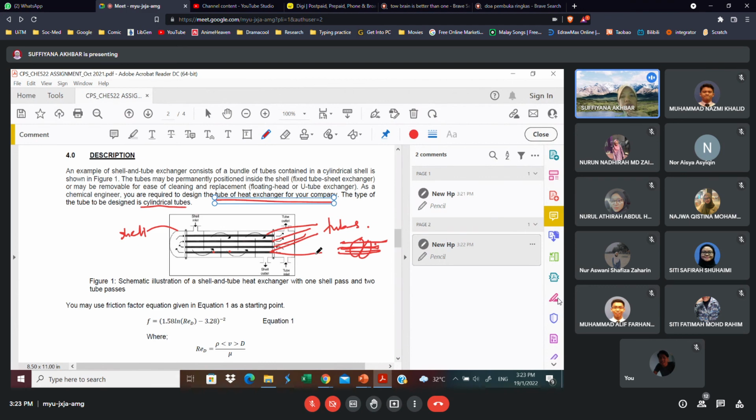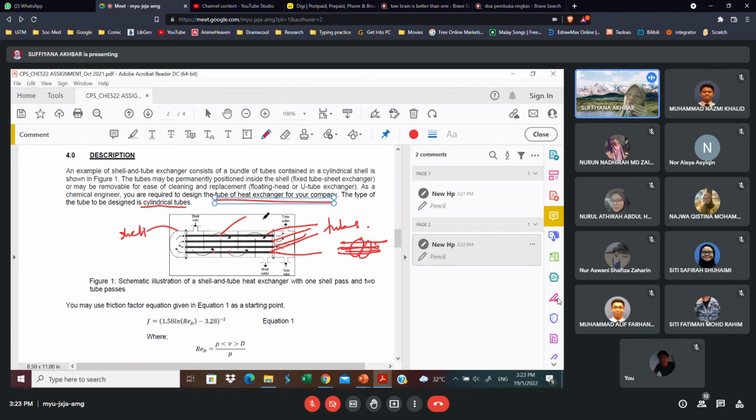Biasanya dia boleh removal. Sebab apa kita nak removal tubes ni, maybe efficiency dah low. Dekat tubes tu maybe dia dah clogging ke atau dah start ada build up of the phlegm sebab kita guna lubricant ke.